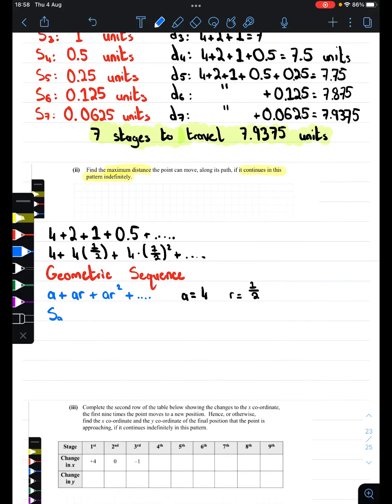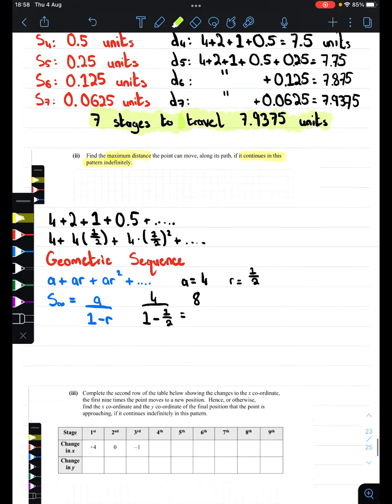The infinite sum of a geometric sequence is just a over 1 minus the ratio. So if we sub our values in here, we get 4 over 1 minus a half, which is 4 over a half, which is just 8. And this makes sense, as we were talking earlier. It does seem to be approaching 8, and so getting an answer of 8 formally is very comforting.